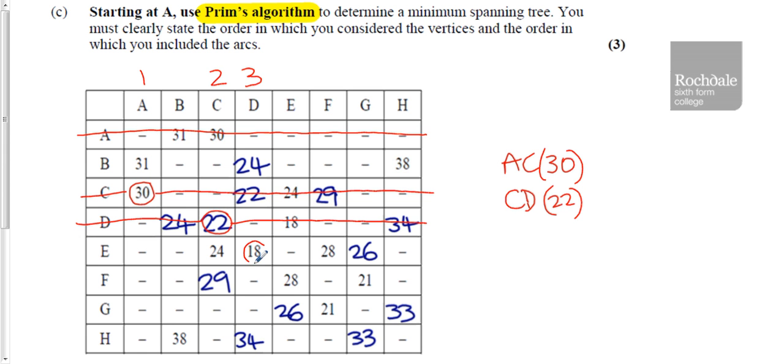Out of all those numbers, 18 is the smallest, so this is the edge ED or DE, which has a length 18. Every time we select an edge in Prim's algorithm, it brings a new vertex into the tree. So we started from A, and then we brought C into the tree, and then we brought D into the tree. Now we're bringing E into the tree.